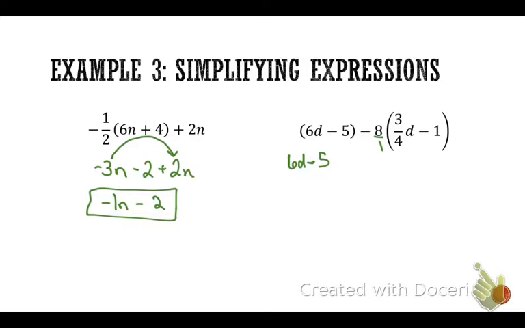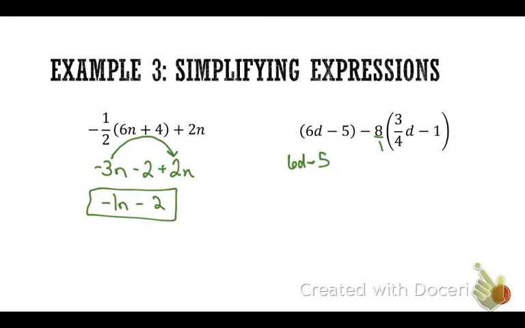What is this going to be? Negative 8 times 3 over 4d. What's going to be that term once you do that multiplication? Let's see who can get it. Michael, how you feeling back there? You got it? I did the 3.5 and minus. That's okay. Try to get this down.